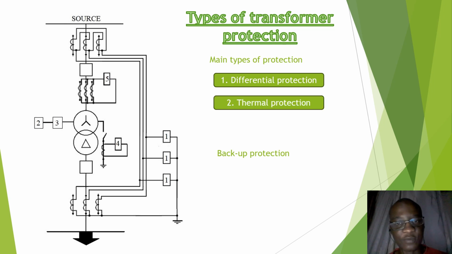Next, we have thermal protection, indicated here as 2. During normal operation of a transformer, heat is generated, but during prolonged use or during overloads, this heat exceeds predetermined values, and it might sometimes cause degradation of insulation, and also the potential failure of the insulation.